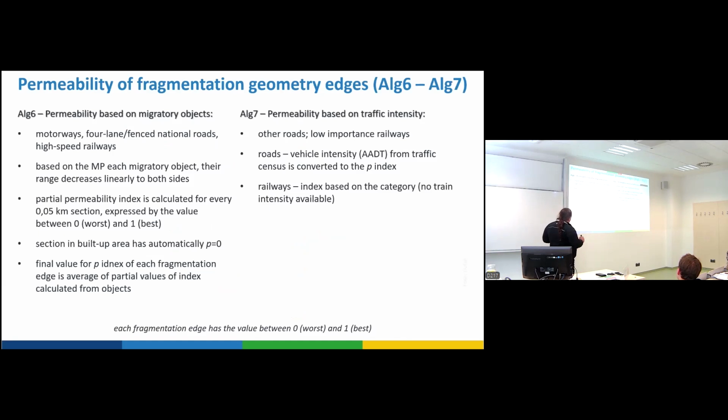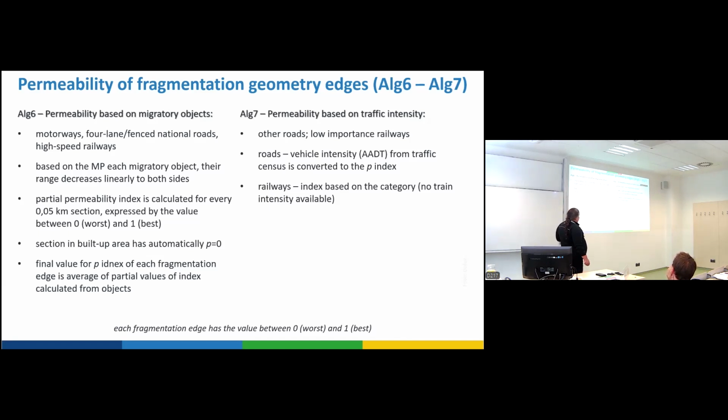For the motorways, 4-lane roads, fenced roads, and in the future, because we have none of them yet, high-speed railways, we calculate a value, again between 0 and 1, as a probability of crossing by migration objects, and it is calculated for every 50 meters of the road. Every section gets the final value as an average of these partial numbers. If the section is in a built-up area, it's automatically 0.